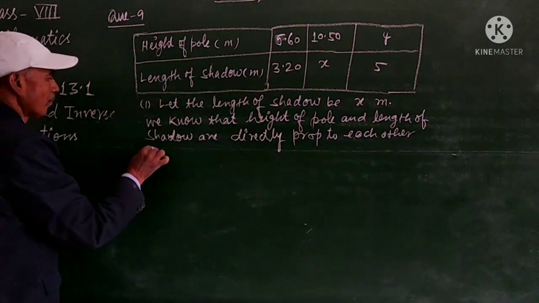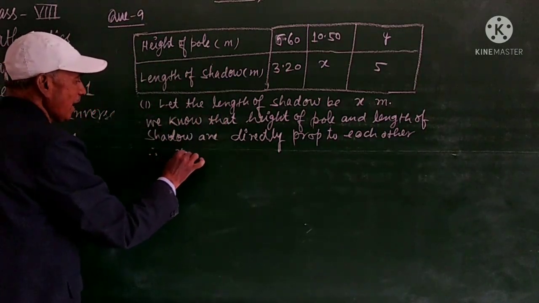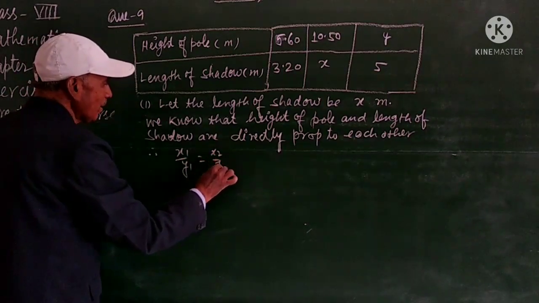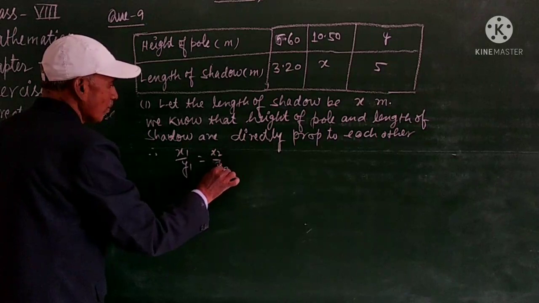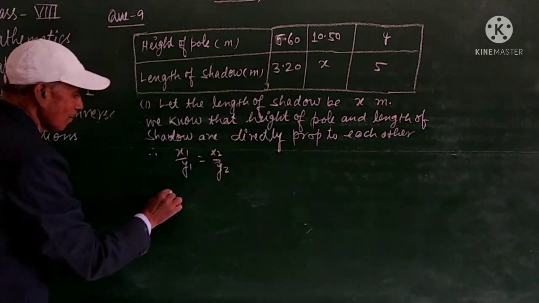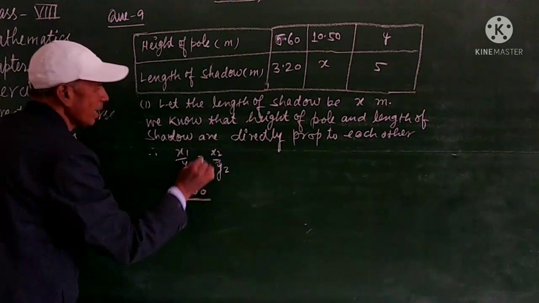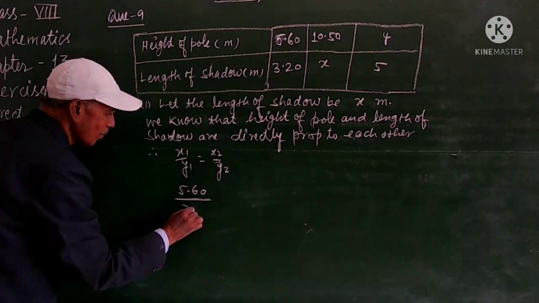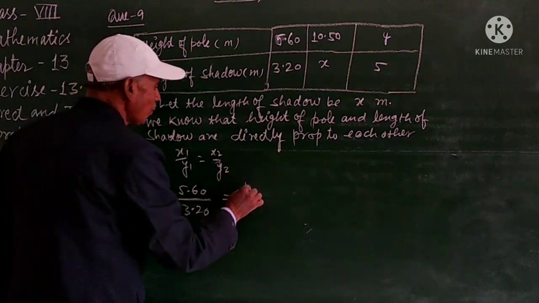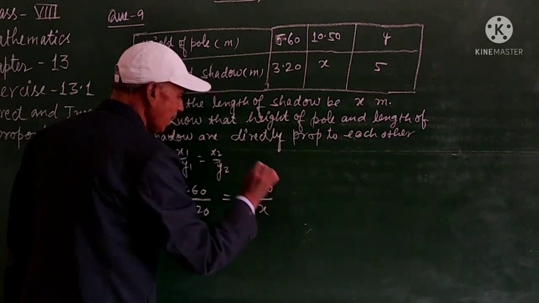Therefore, we have to use the formula, that is x1 upon y1 is equal to x2 upon y2. Clear, friend? So in place of x1 it is 5.60 and in y1 3.20, is equal to 10.50 and this x.